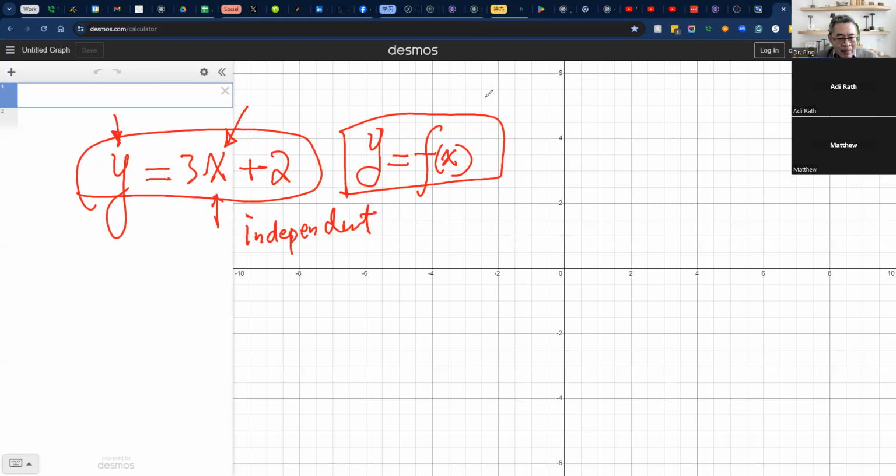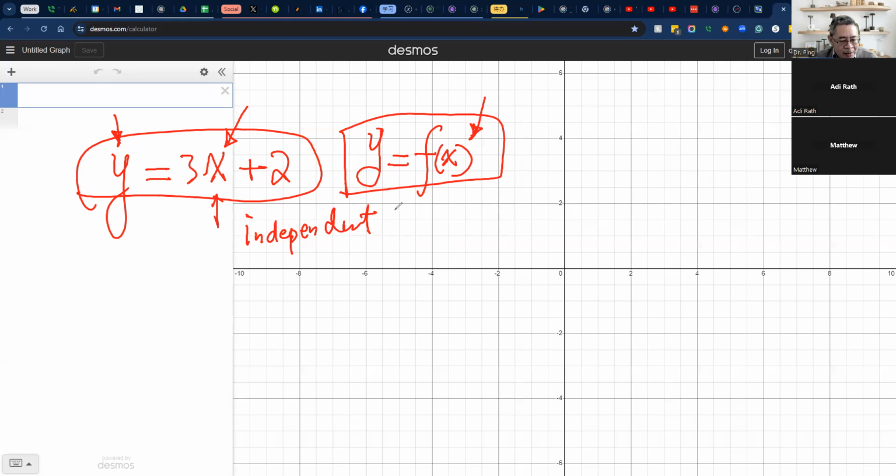This is a nice thing about math: you can use very concise notation. And it's also universal. Anywhere in the world, they understand if you write y equals f of x, but if you write that in English, a lot of people do not understand it.